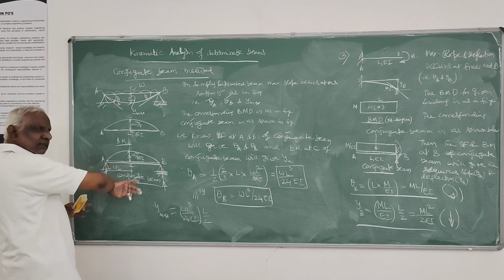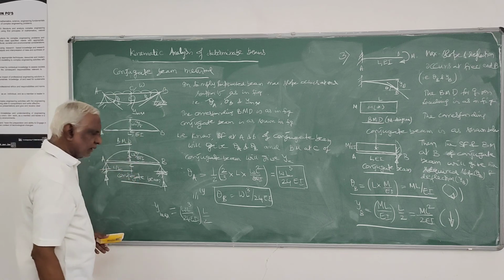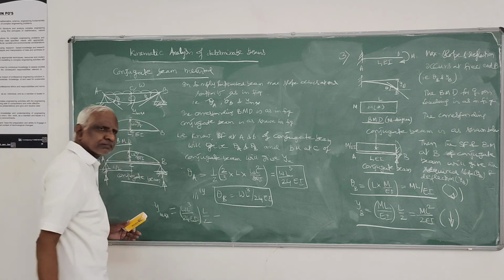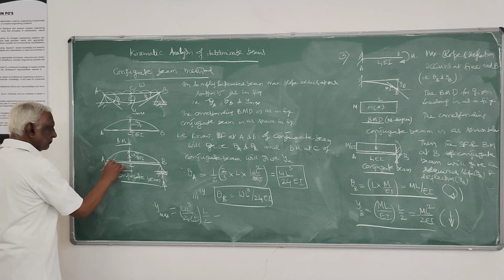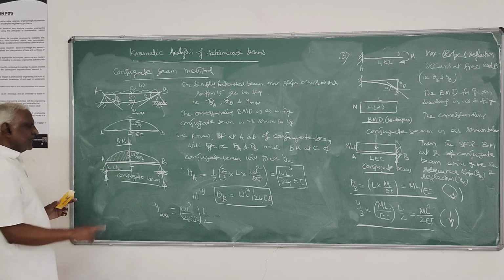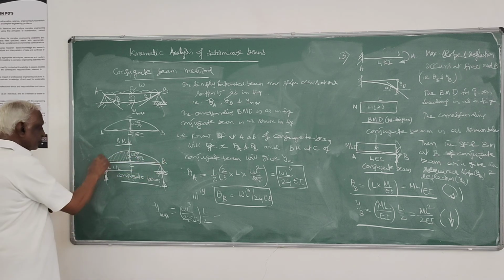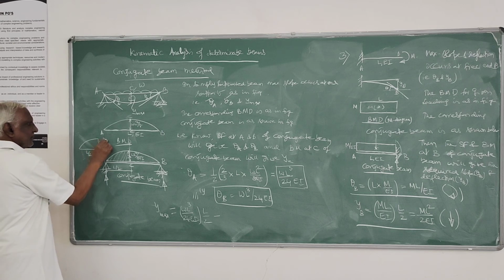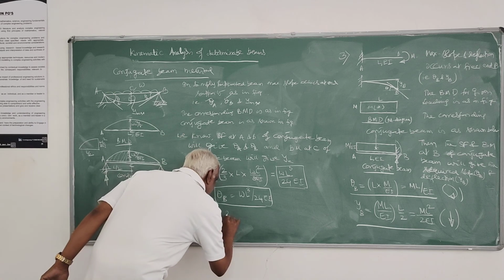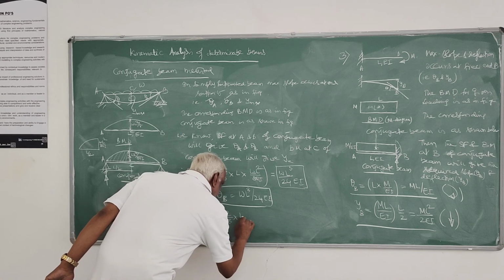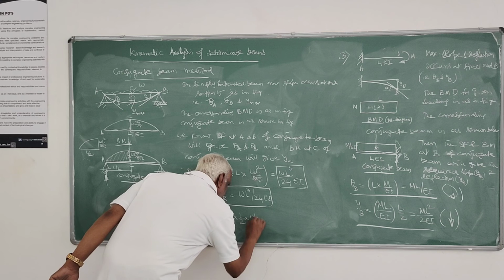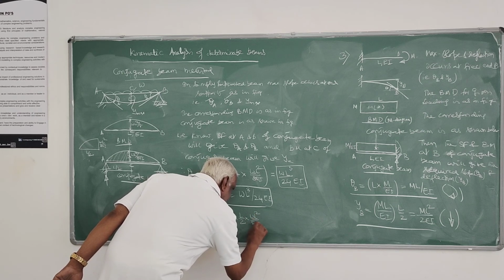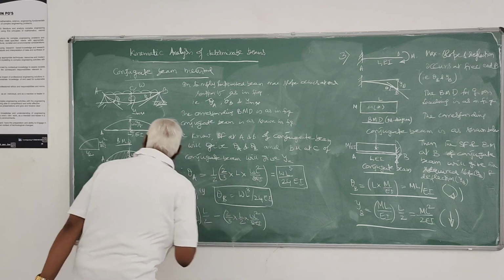So this is the other way, because of what I told. So minus this area. This area, which I have given, is parabolic, 2/3 into this distance and this height W L squared by 8 EI. That is minus 2/3 times L by 2 into W L squared by 8 EI. That is the area of this.